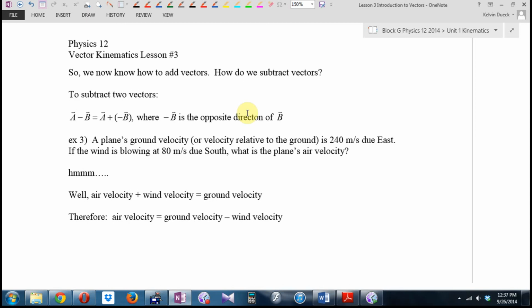My strategy is, why learn an entirely new procedure when I can turn any subtraction question into an addition question? What's 5 take away 3? In your head, 5 take away 3? How could you turn that into an addition question? 5 plus negative 3. And that's going to be our strategy. Instead of subtracting vectors, we're going to add the opposite. And by opposite, whatever was north will point south, whatever was east will point west.